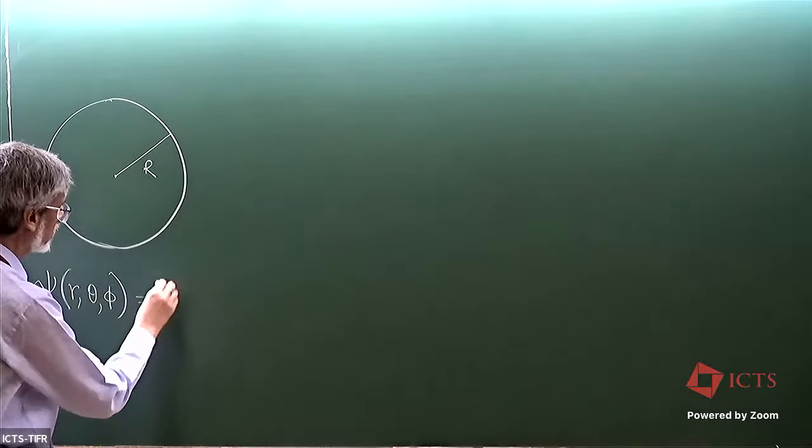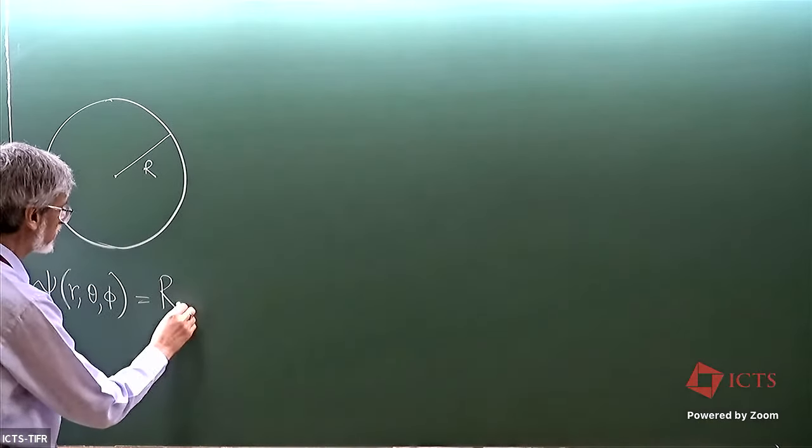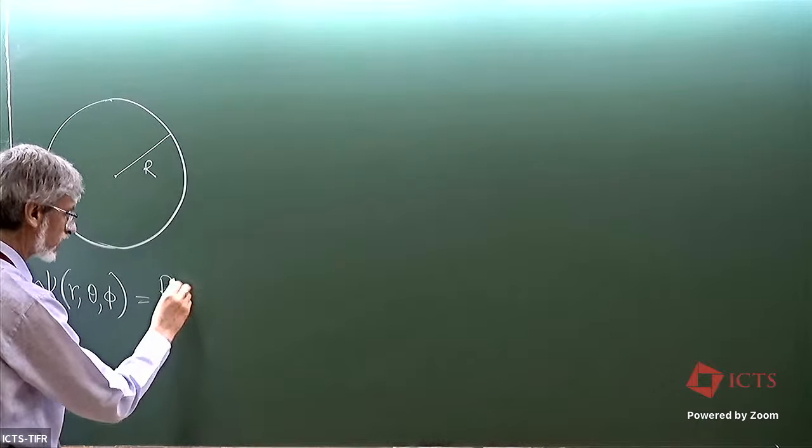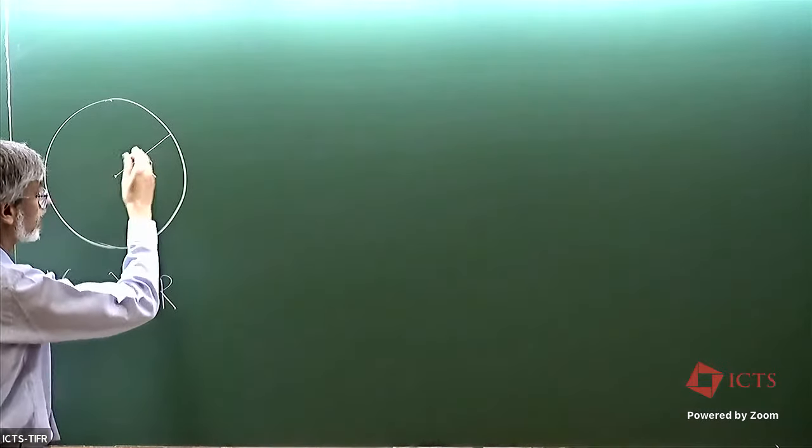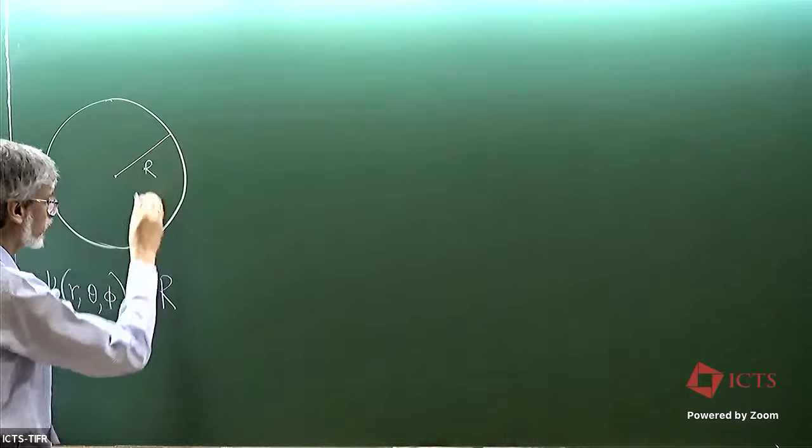This can be written as a radial function, which can then be represented by the number of nodes it has.